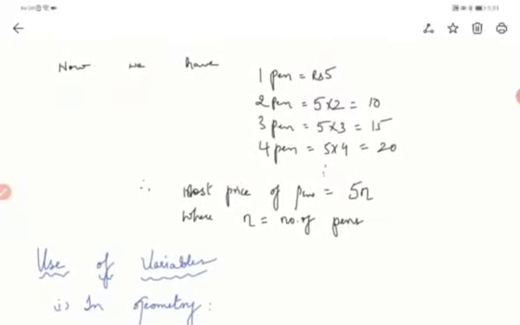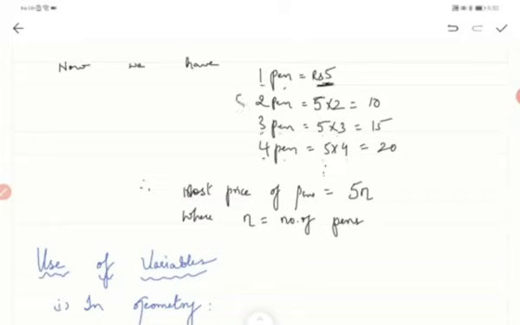We have one pen. Suppose one pen costs 5 rupees. I want 2 pens, the cost will be 5 into 2. 3 pens, it will be 5 into 3, isn't it? One pen is 5, so 3 pens will be the cost of 1 pen into 3, right? Then the cost of 4 pens will be 5 into 4, and so on.